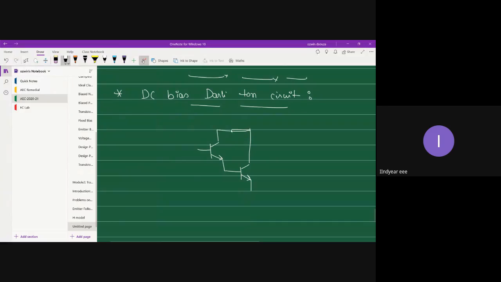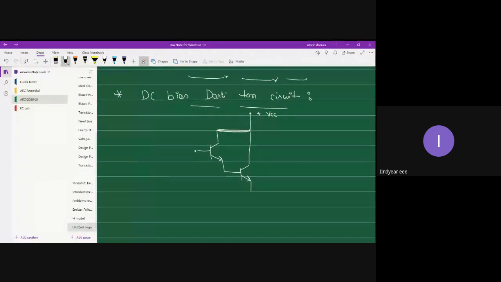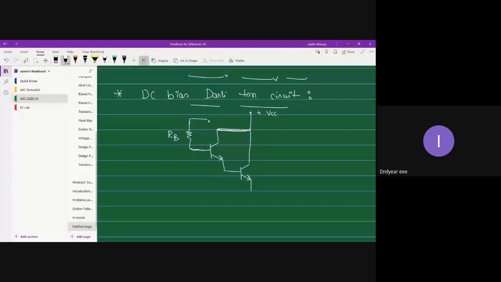Let us connect these collectors together. And that point, let us connect it to VCC. One and the same, okay, because I wanted to show you the biasing resistor connection also. That's the reason. So this you can connect to your power supply voltage. So this is your RB.